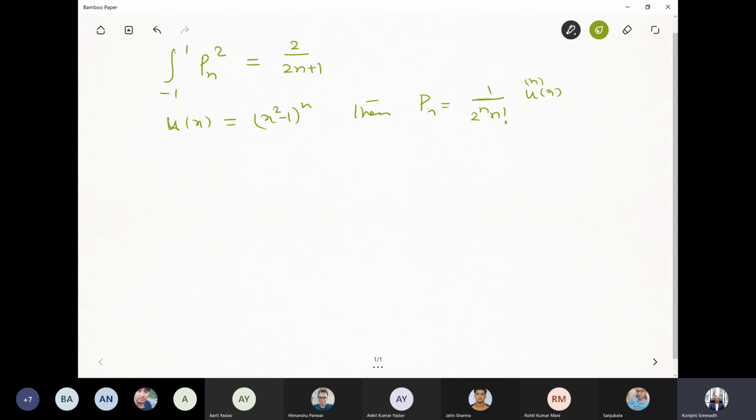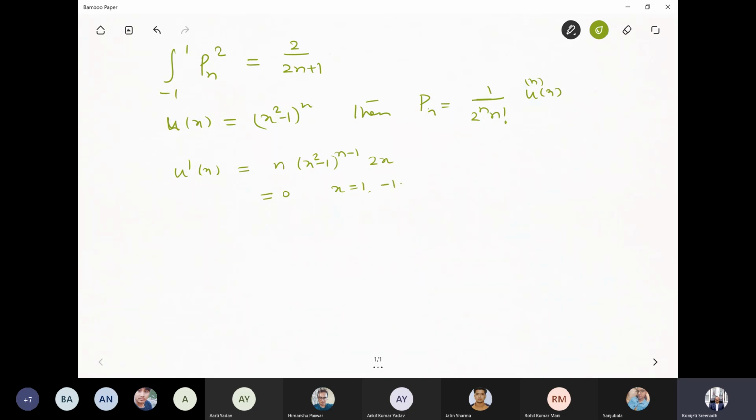So when I look at the first derivative of this, u prime of x, this is n into (x square minus 1) power n minus 1, times 2x. So this at x equals 1 or at x equals minus 1, both are going to be 0. So this is going to be 0 at both the points, right?